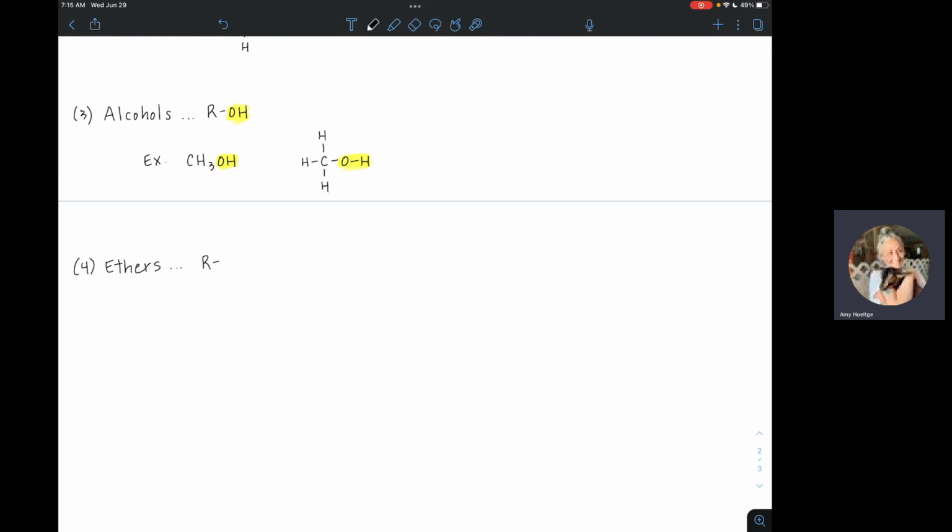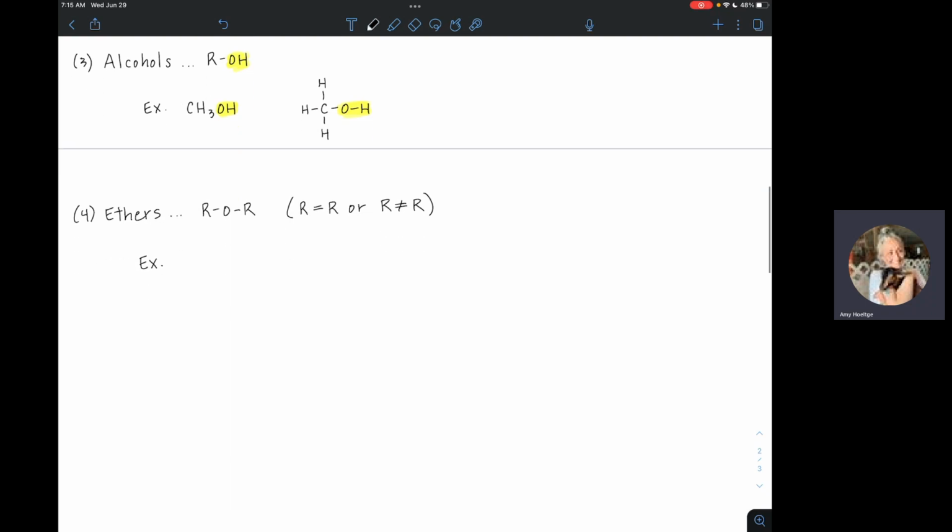So I've got R, O, R, and R can equal R, or it can be something else. They don't have to be the same, in other words. So I could have a methyl group on one side and an ethyl group on the other, or whatever. Or I could have two methyl groups, right?